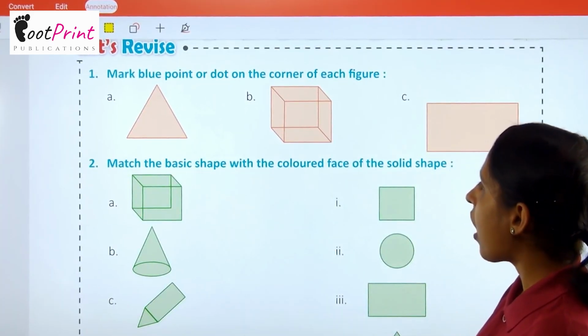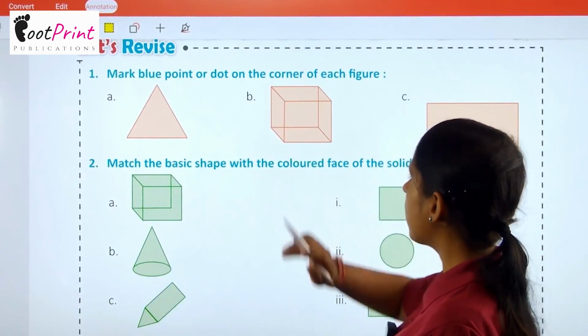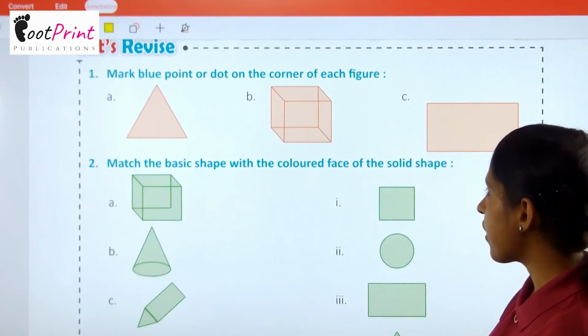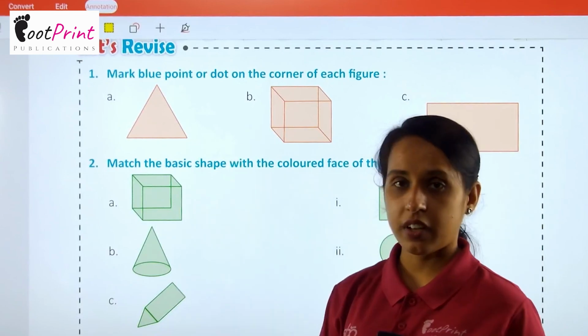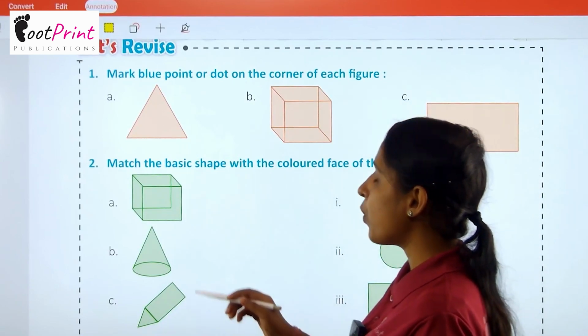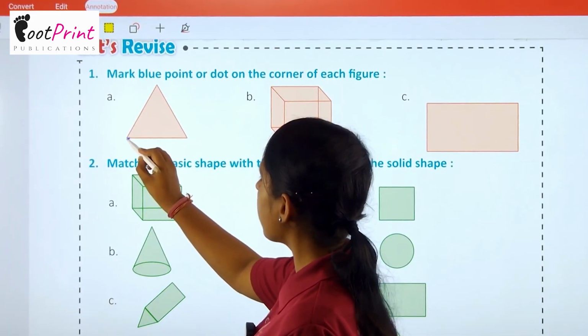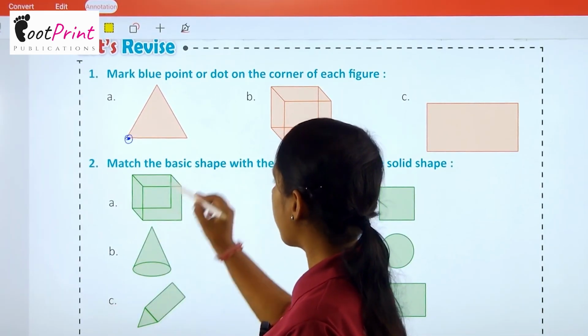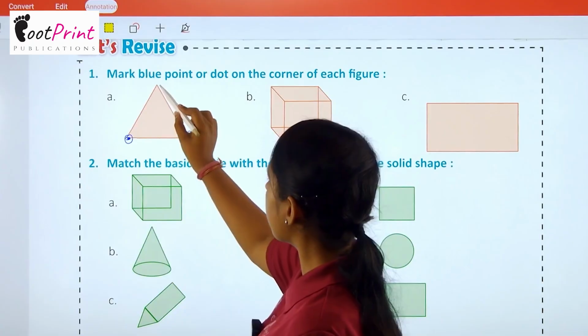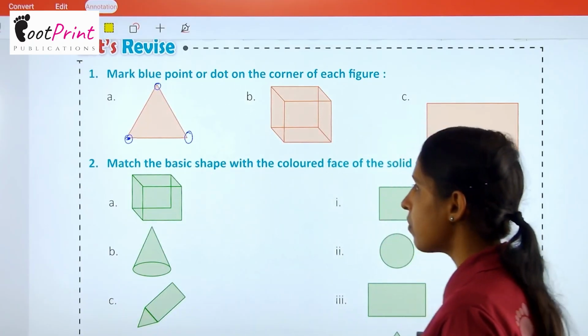Here we have to mark a viewpoint or dot on the corner of each figure. Some figures are given here and we have to mark points on the corners. So one corner is there, we will mark one point here, and one here and one here. So they will become 3 points.